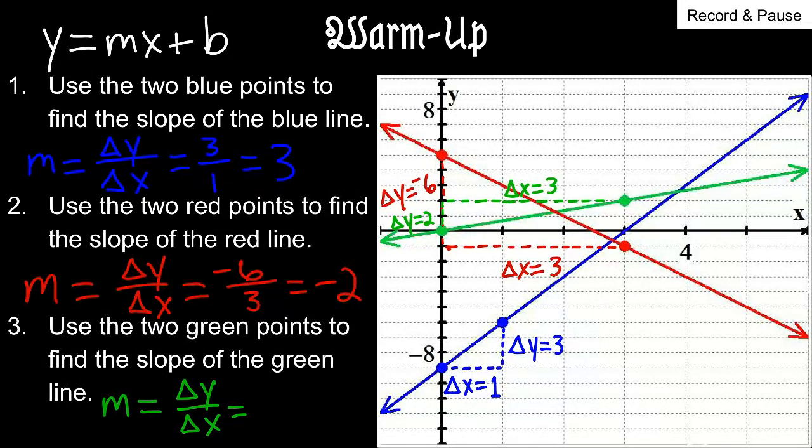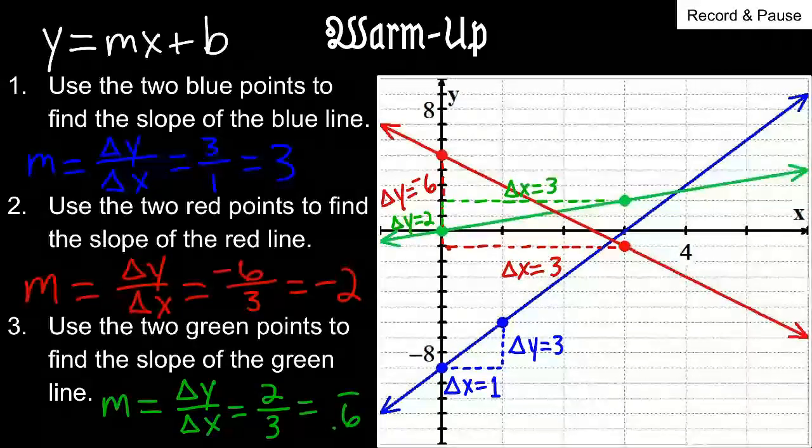Looking at the slope of the green line, delta y over delta x will be 2 over 3. Now, some people might be inclined, because they don't like fractions, to write this as a decimal, which would equal 0.6 repeating.